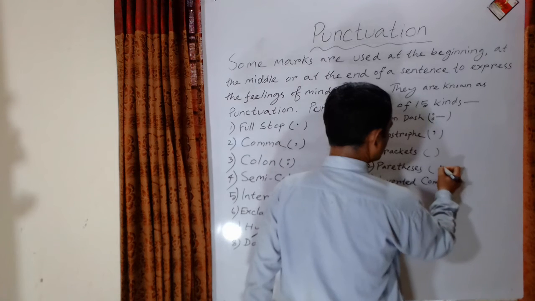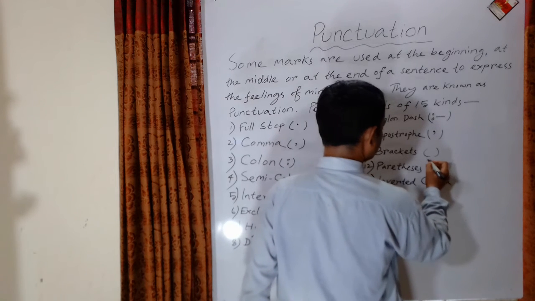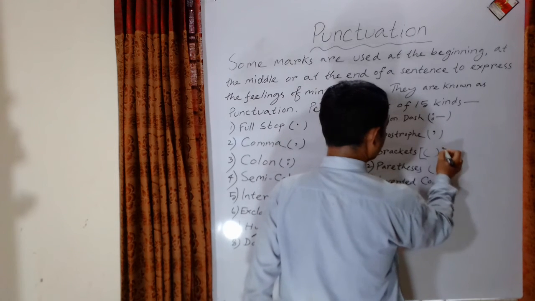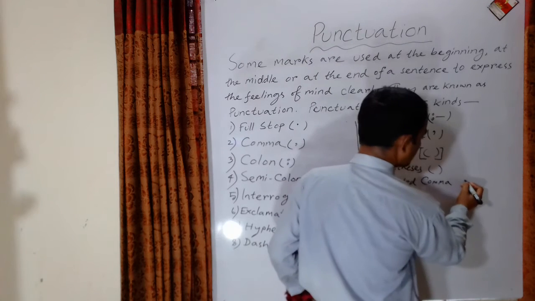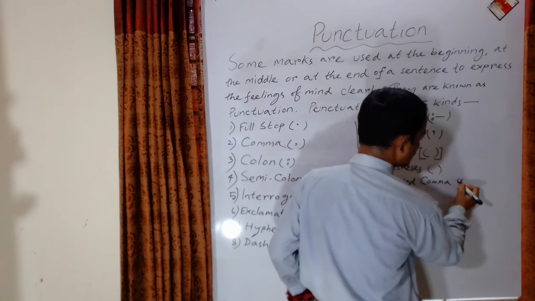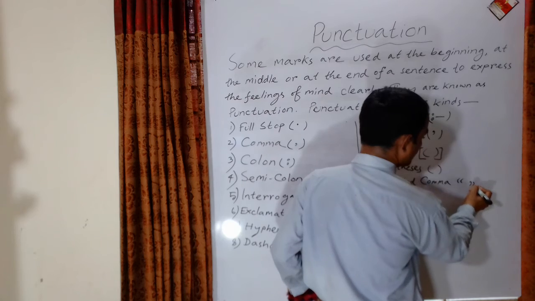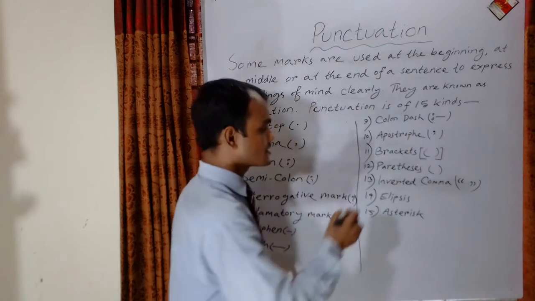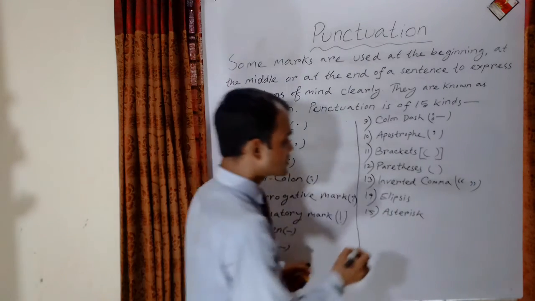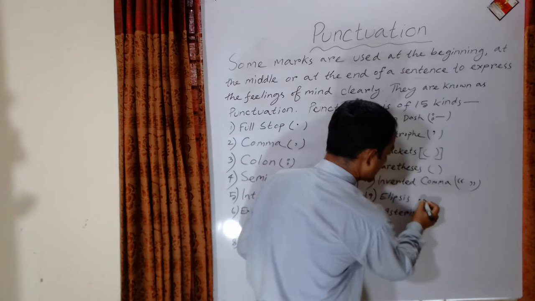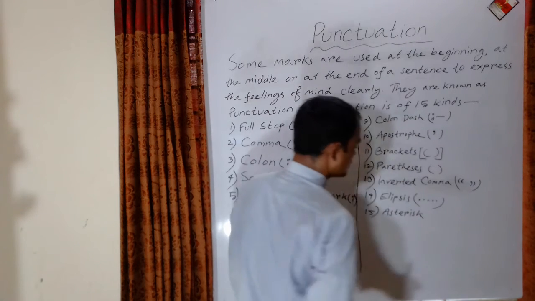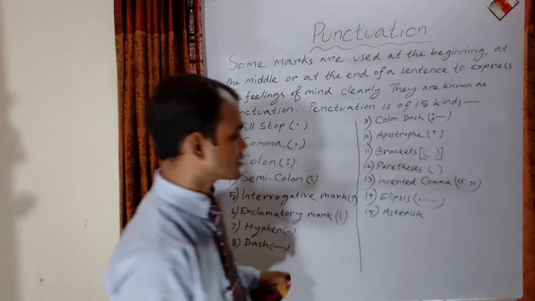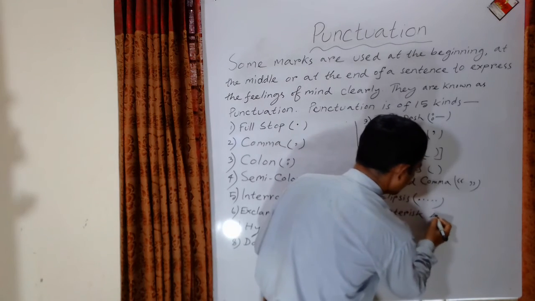Parenthesis, also it is like bracket. You can also give the bracket in this way. Inverted comma, like 6699, inverted comma. Ellipsis, like dot, some dots together. Asterisk, star.